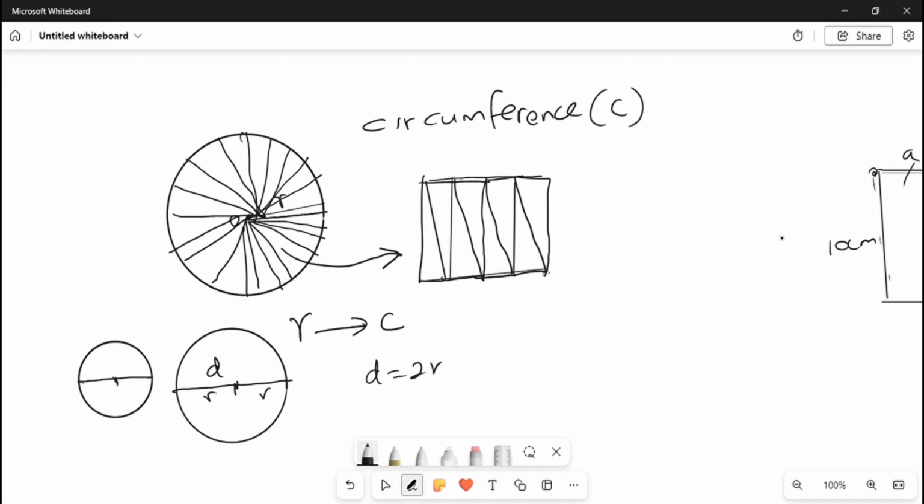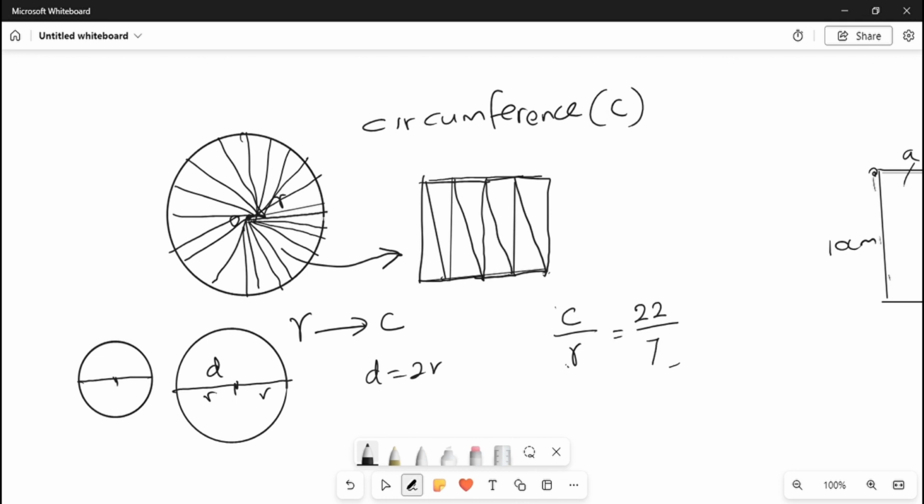So when the mathematicians divided or found the ratio between C upon R, whether it's a big circle, big radius, small circle, small radius, the final answer was somewhat equal to 22 upon 7.